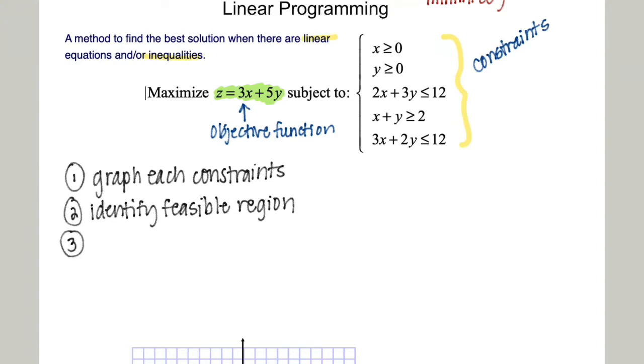And then that feasible region is going to be, hopefully, an enclosed region in which we'll have vertices. So we'll want to locate those vertices. Locate the exact vertices. Now, exact is an important part of this. Locate the exact vertices of that region.